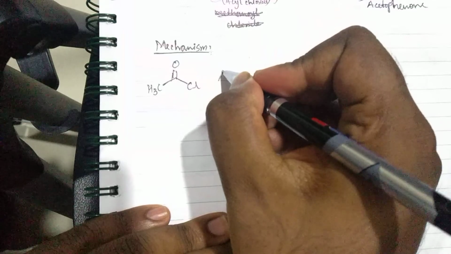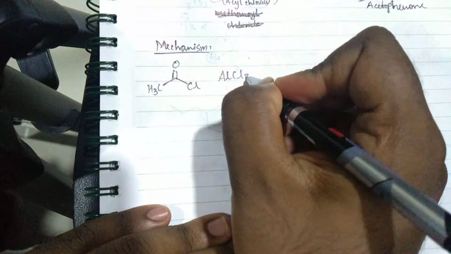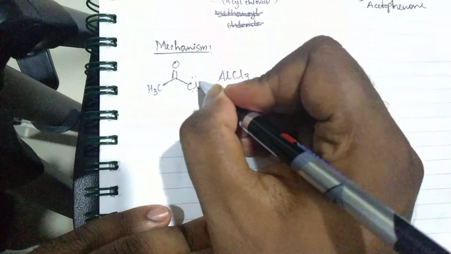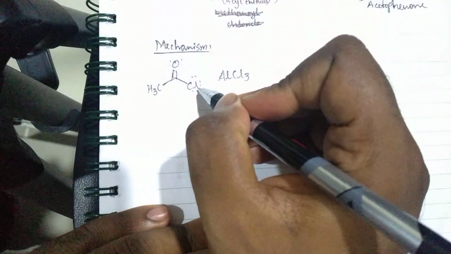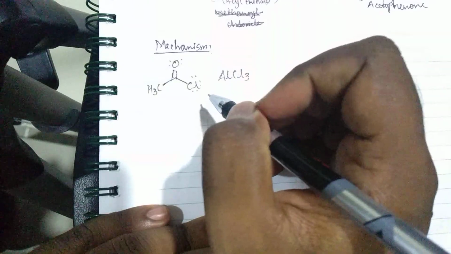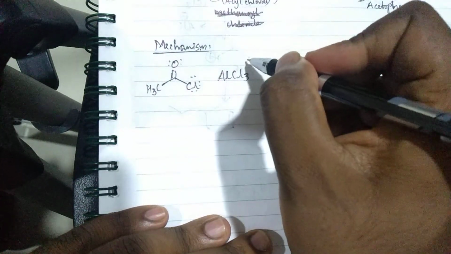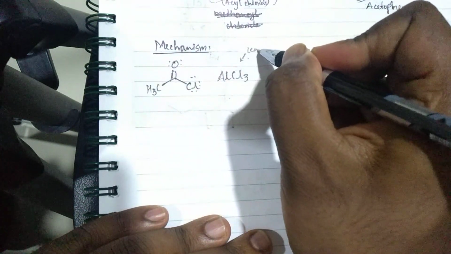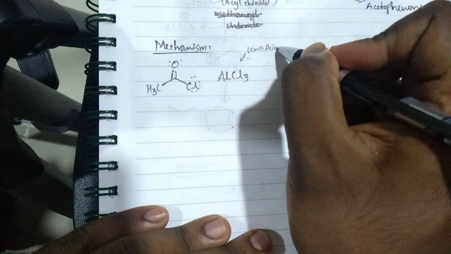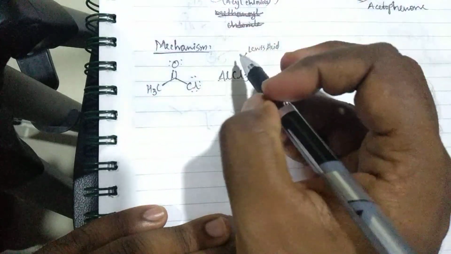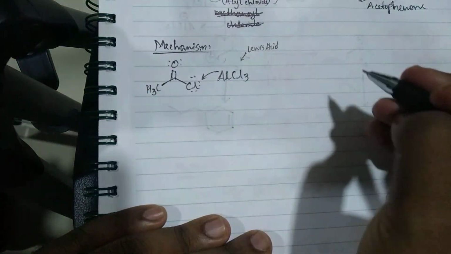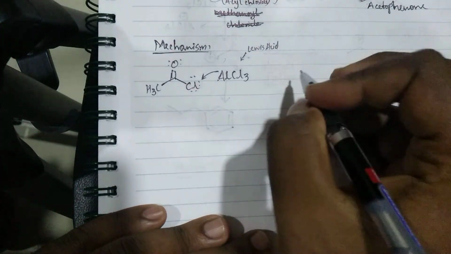This acyl chloride in the presence of AlCl3: what happens is this chlorine gets picked up by AlCl3. AlCl3 is a Lewis acid. Lewis acids are electron pair acceptors. So aluminum will pick up this lone pair from chlorine.